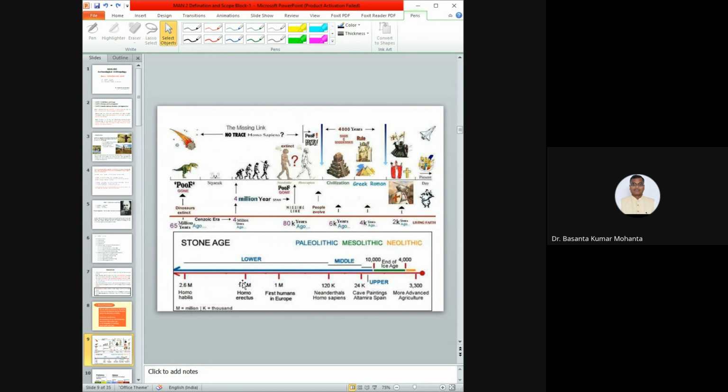Because during this particular prehistoric time, our prehistoric denizens, our ancestors, were using stone as the major raw material for preparing their weapons for different activities, for hunting, for gathering, for fishing, etc.